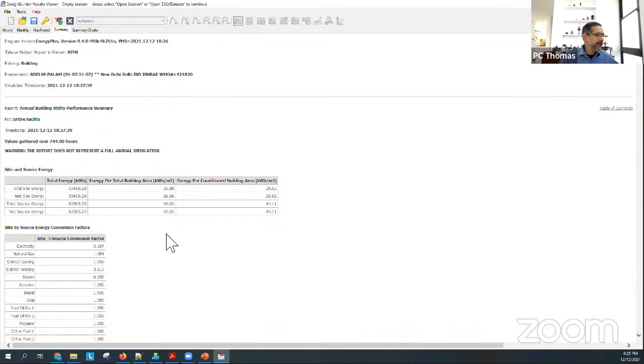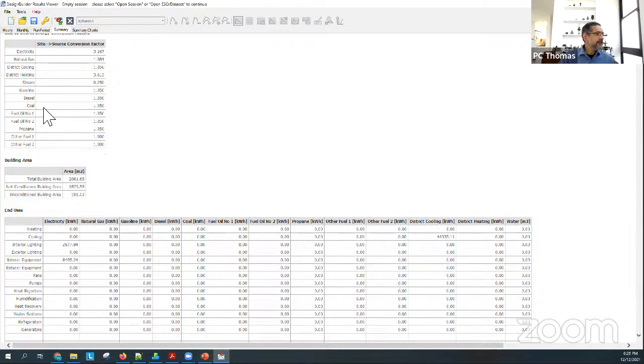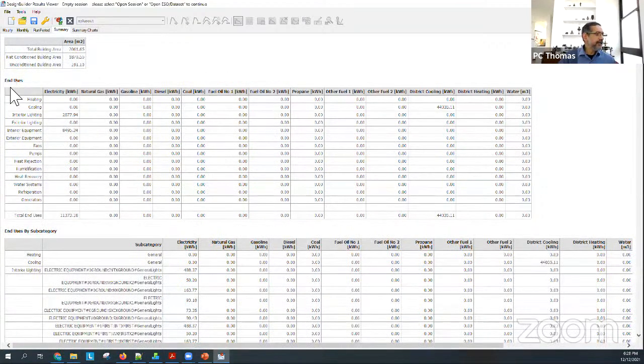On this summary page, if you go down, you can see here the end users. You can see there's no electricity or gas under heating and cooling, but there's electricity for lighting and electricity for equipment. There's no electricity for fans either, because you haven't modeled any real systems.